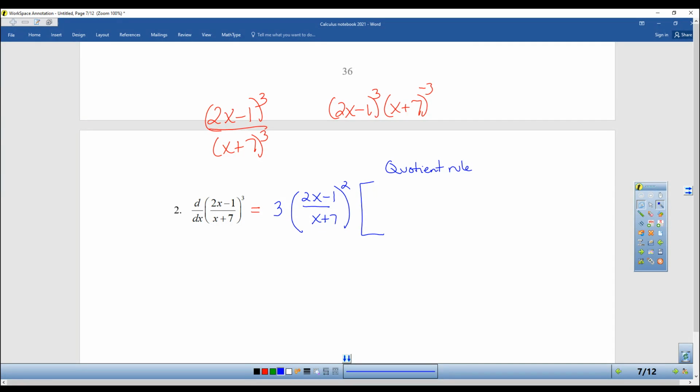So the derivative of the inside would be the bottom times the derivative of the top minus the top times the derivative of the bottom all over the bottom squared.